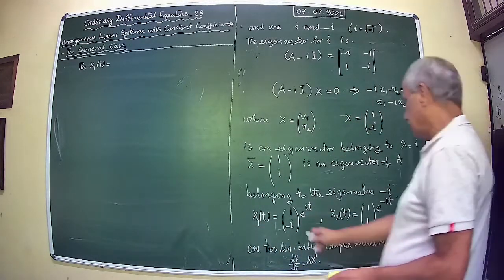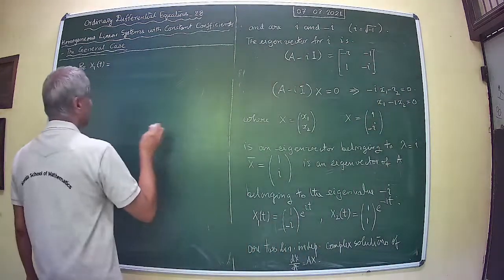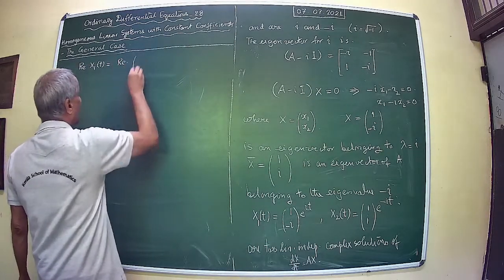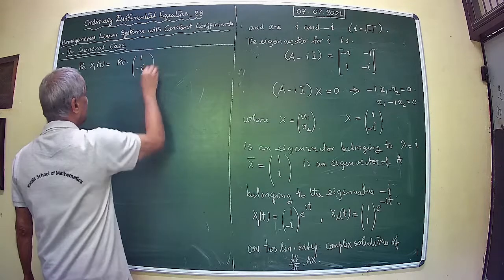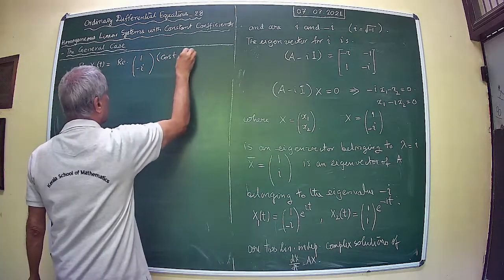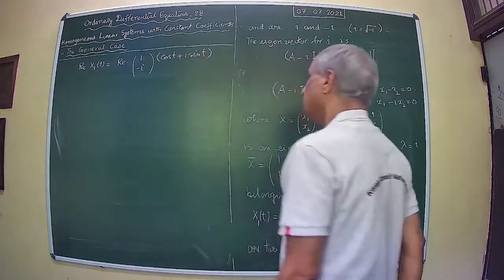It is 1, minus i, e to the power it, cos t plus i sin t.